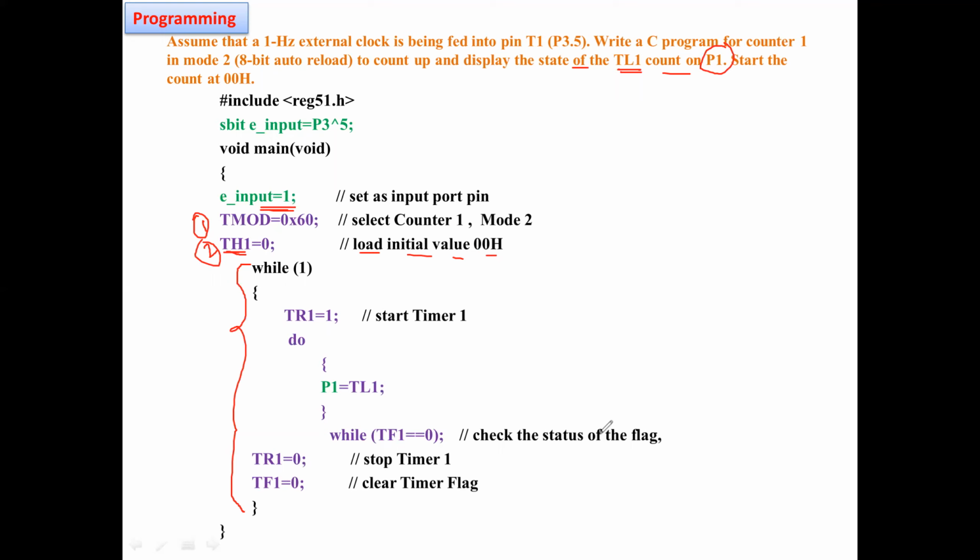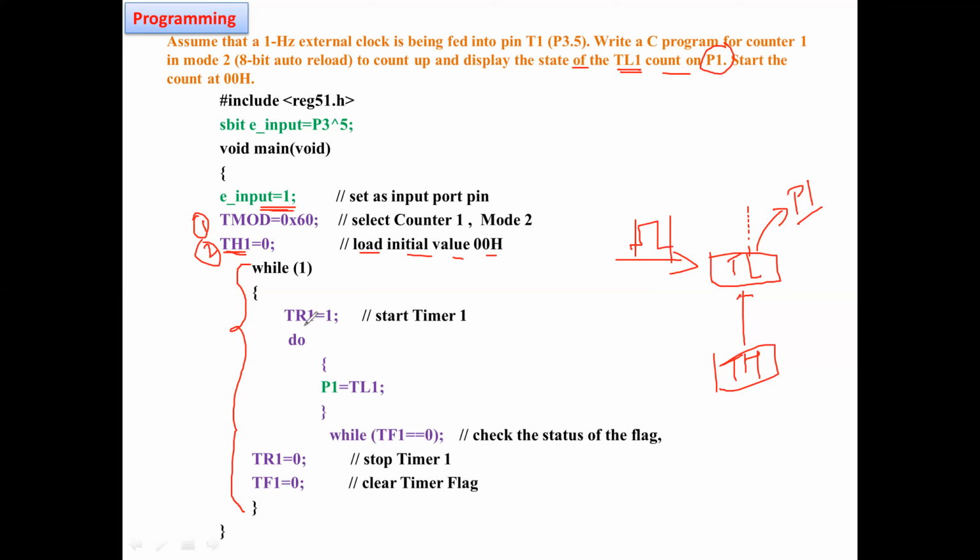What is the register as per the diagram? Since the TH value is auto-reloaded to TL, for every clock, that is for every time period, this particular value will be incremented. This value I'm going to place in P1. That is the program here, right?